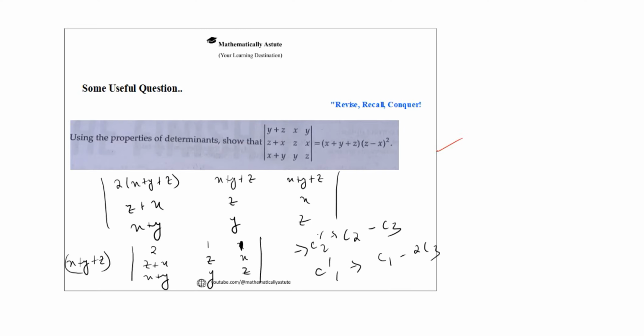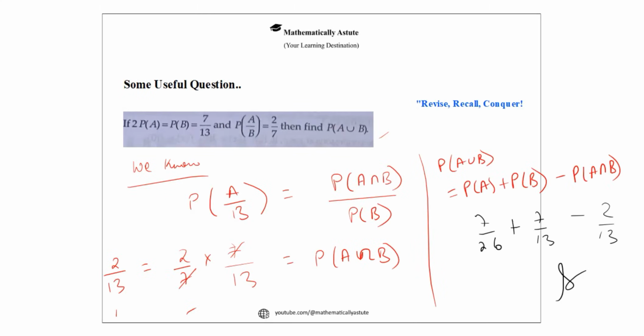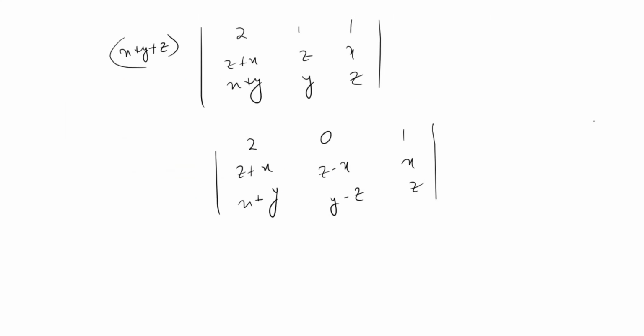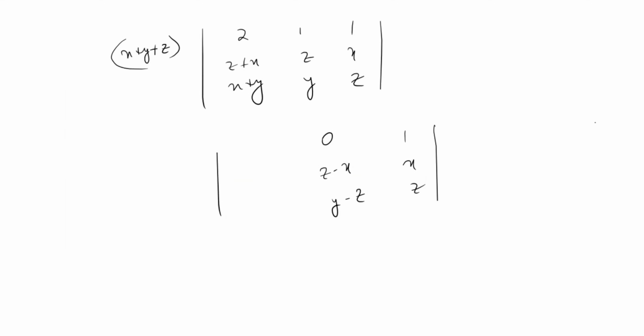And if we apply the c1 minus 2 c3 operation, then this one will also become 0, z minus x, and this would be x plus y minus 2z, x plus y plus z.